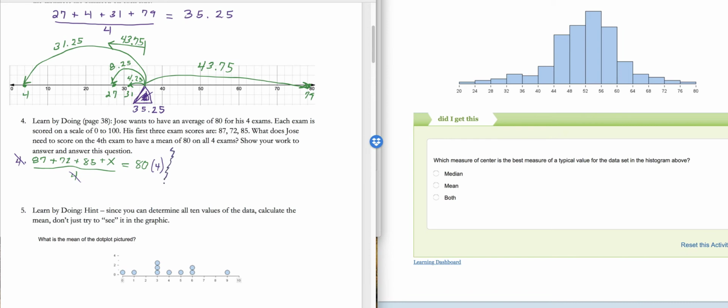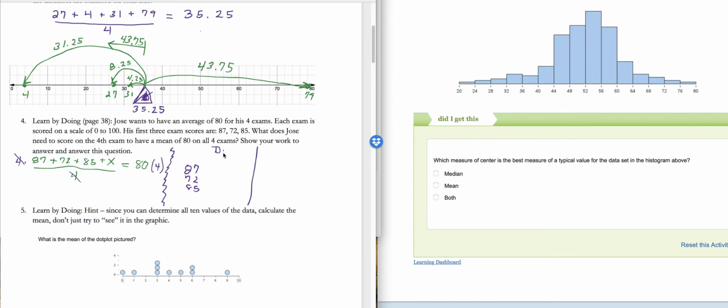And that's a perfectly fine way of doing it, but I want to think of it really more in terms of this balancing point. So let's take each of these exam scores, 87, 72, 85, and think about their characteristics in terms of distance.